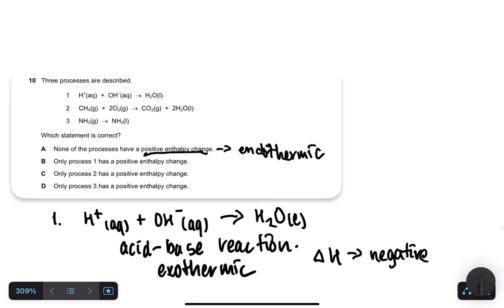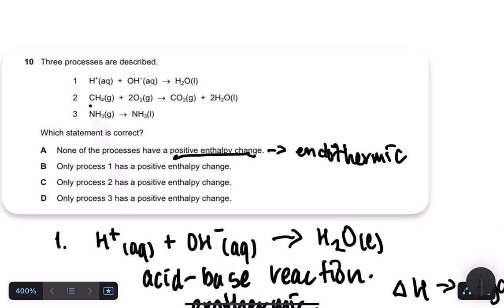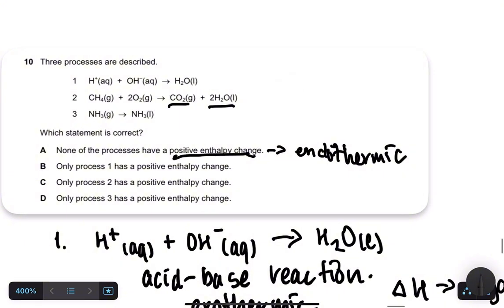For the second process, it shows the combustion of methane forming carbon dioxide and water. Therefore, a combustion reaction is always exothermic, and delta H is negative.